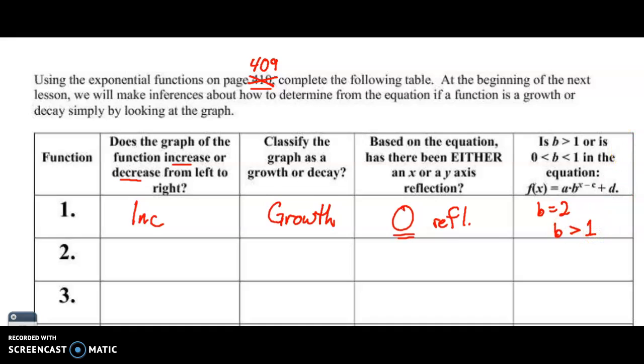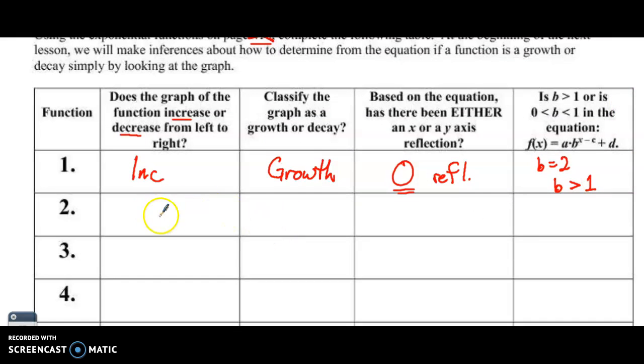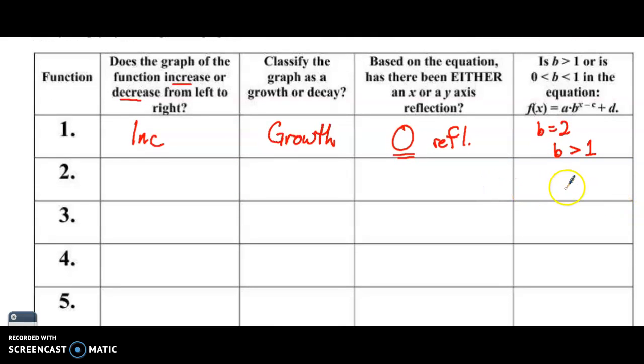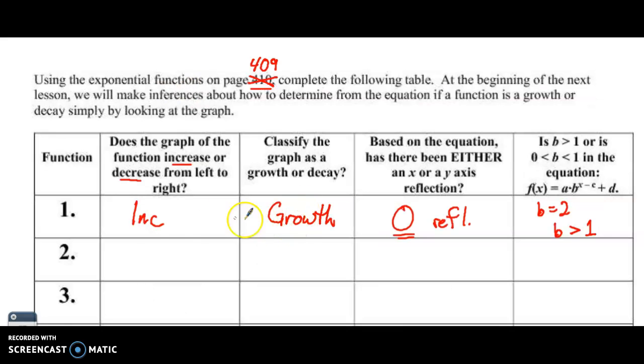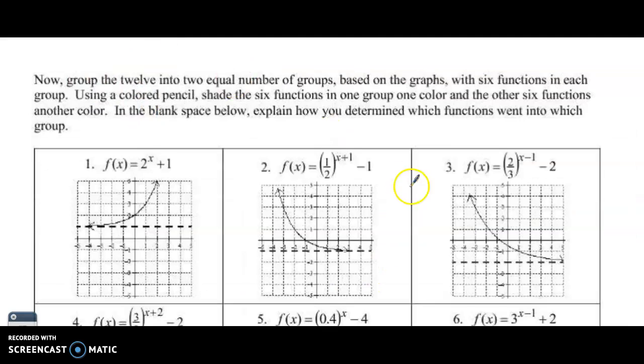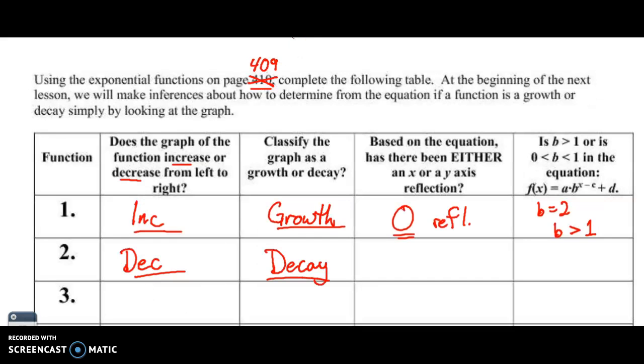So what I need you to do is go through the chart and answer these questions and see if you can come up with a rule. So I'll do number 2 as well. It's going down. It's decreasing to the right, making that decay. If it's increasing, it's growth. If it's decreasing, it's decay. If we go back to that problem, there's no negative in front of the x, so there are 0 reflections.